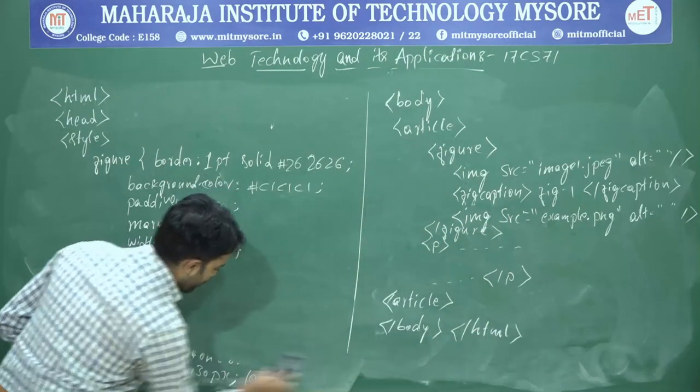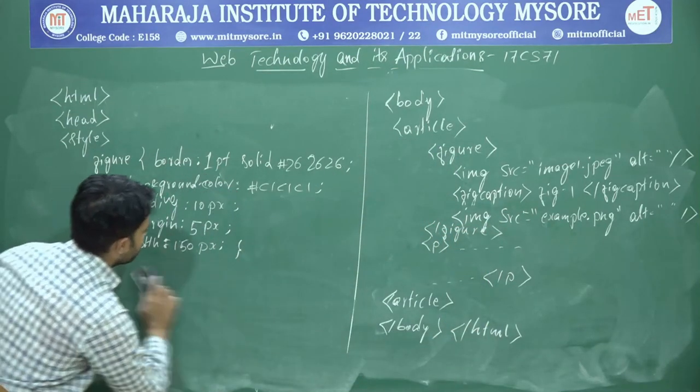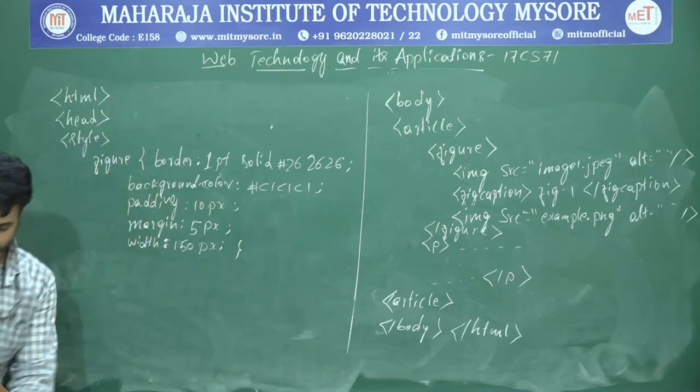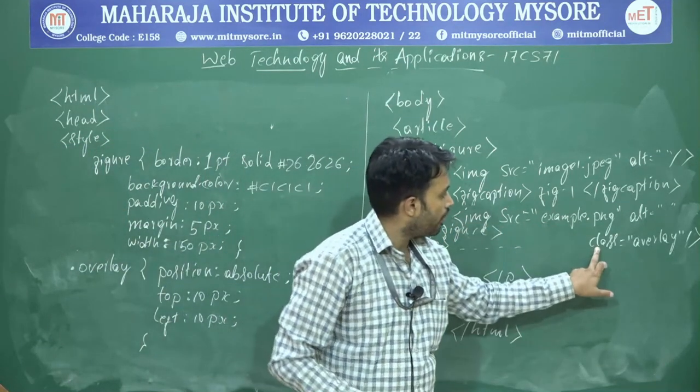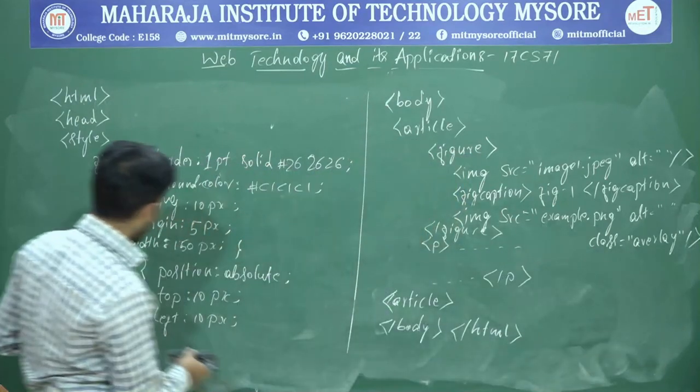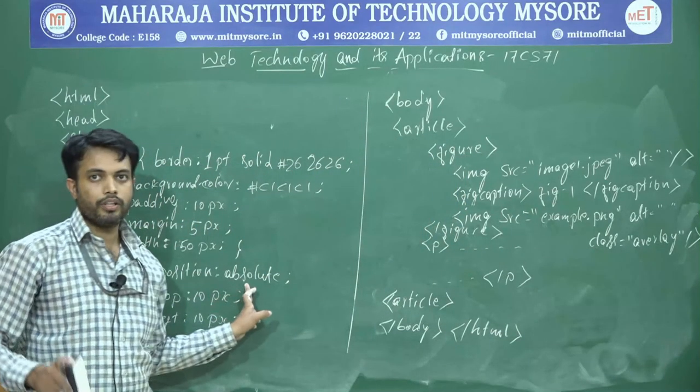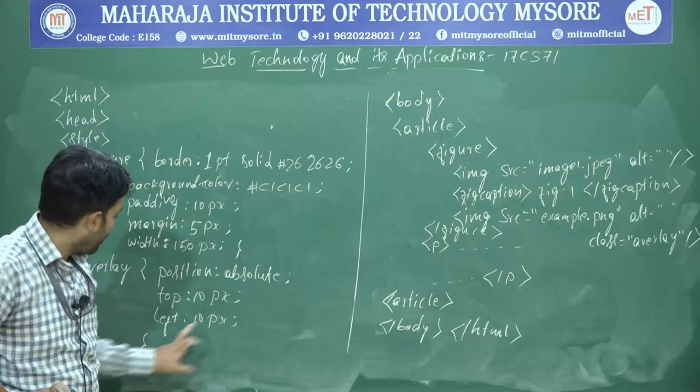Now I will erase this figure caption property. Here I have two images. For this second image I have defined class overlay, and the overlay property is position absolute, 10 pixels from the top and 10 pixels from the left.